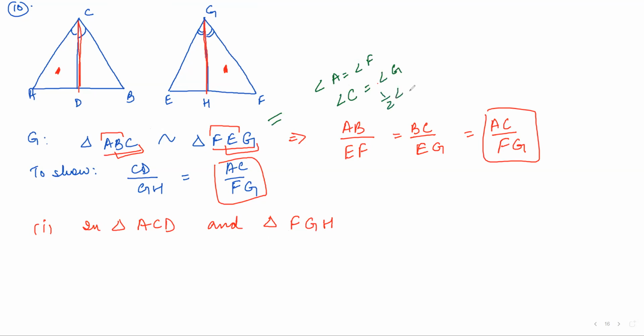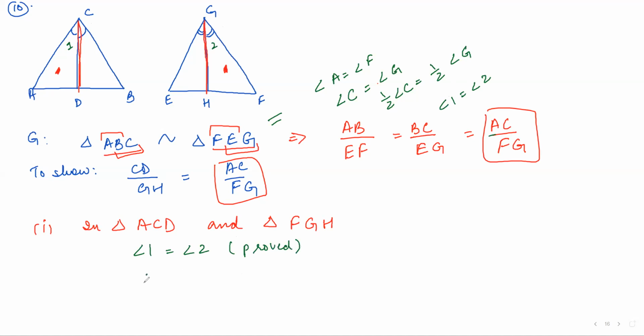That means half of angle C is equal to half of angle G, right? Yeah. And half of angle C, if I call it 1 and the other 2, so angle 1 is equal to angle 2, right? Yes, ma'am. So now I have angle 1 is equal to angle 2, which I have proved separately.